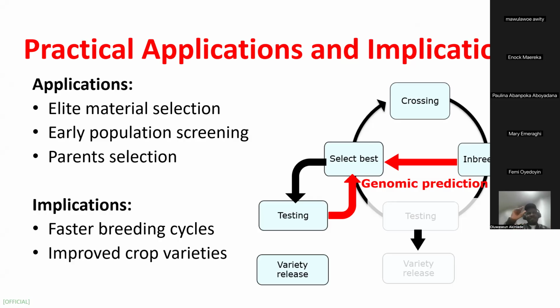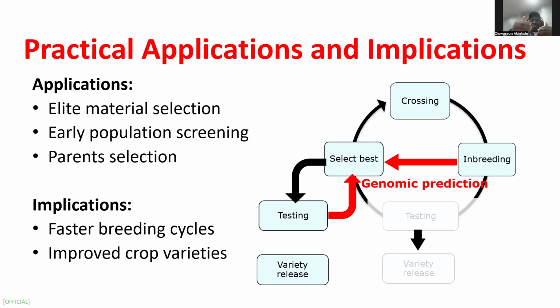Our prediction estimated the effect of each of the SNPs, and you use that prediction model to select another population that is not yet phenotyped.